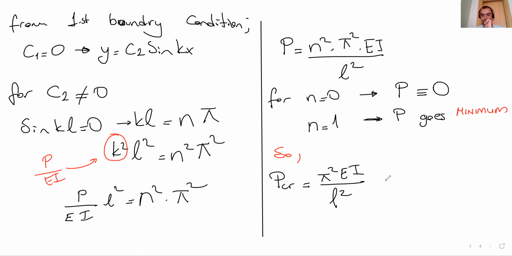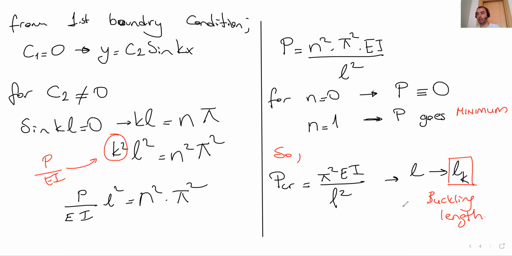Here, instead of L, we put LK. What is LK? LK is the buckling length. I will explain.